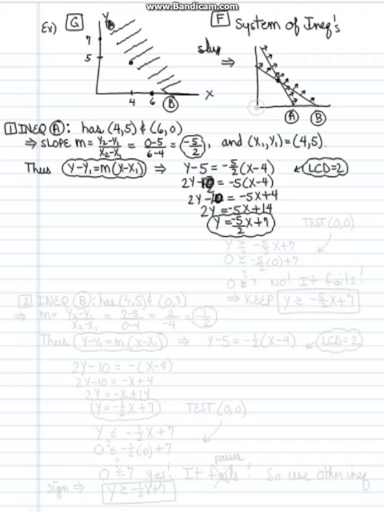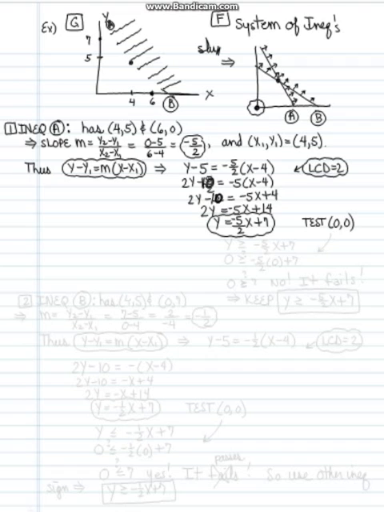Now we have to decide which direction the inequality goes. So we're going to test the ordered pair 0, 0. I want you to go back over here and notice this is 0, 0. And for equation A, it's on the side opposite the direction that the arrows are pointing. So we want 0, 0 to not satisfy our inequality.